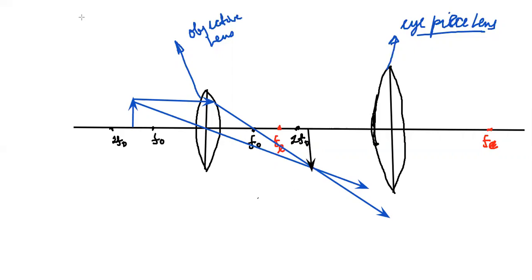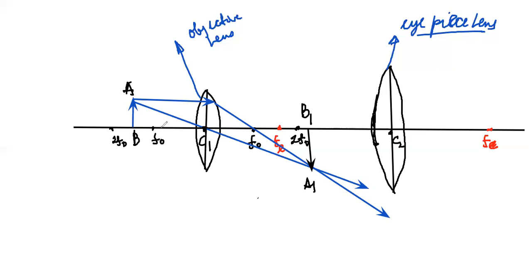One thing should be very clear to you: if I consider this to be the object AB, this is the image A1B1 formed by the objective lens. The image formed by the objective lens will be the object for the eyepiece lens. Let me consider this center to be C1, and this center to be C2.